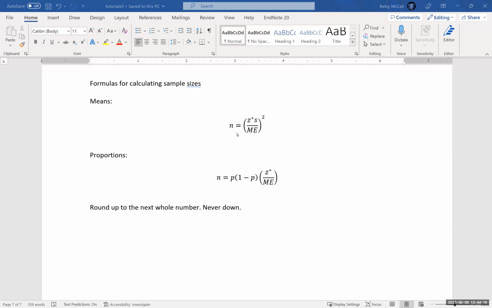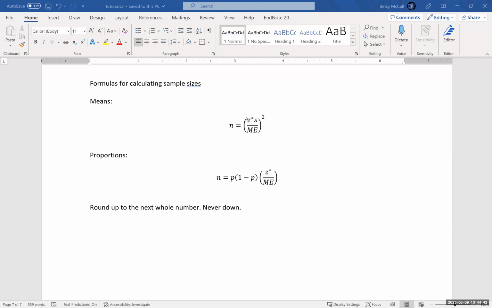And we should never round down. We should always round up to the next whole value. If I say that I need 4.1 observations, 4 is not going to cut it. I need to go up to 5. Even though it's 0.1, I need to go up to 5.